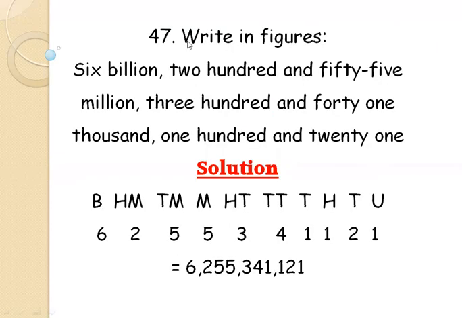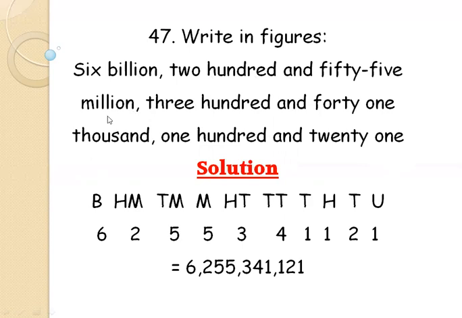Okay, 47 says write in figures 6,256,341,121. Now, to make this easy, I want to write out all the place values. You have units, tens, hundred, thousand, tens of thousand, hundred of thousand, million, 10 million, 100 million, and billion.